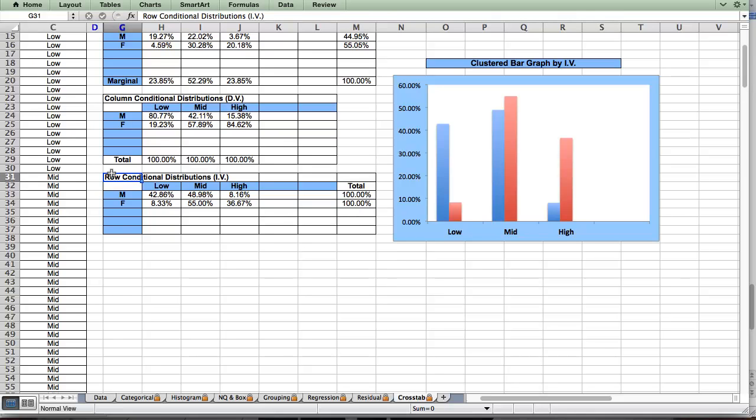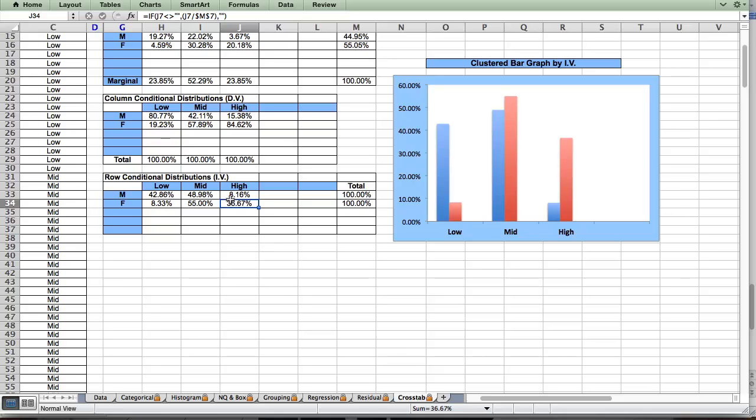So it's the row conditional distribution that's helpful for us here. In other words, if we consider only the men, what's the frequency distribution of spending category? And if we consider only the women, what's the frequency distribution of spending category? And the clustered bar graph shows that visually.